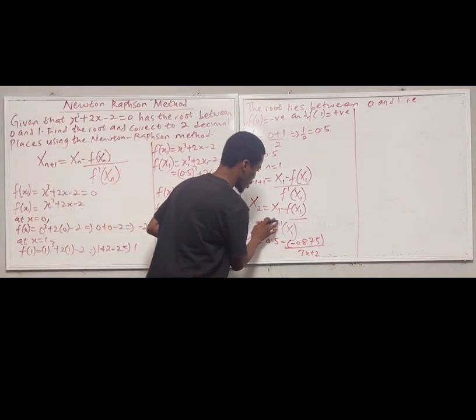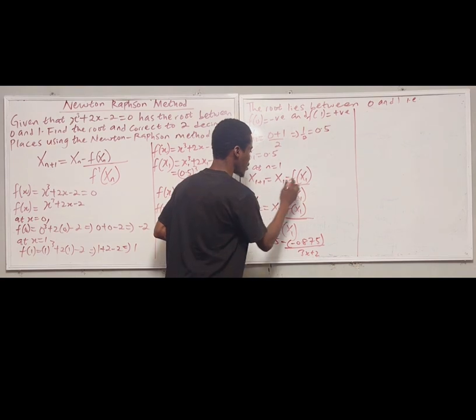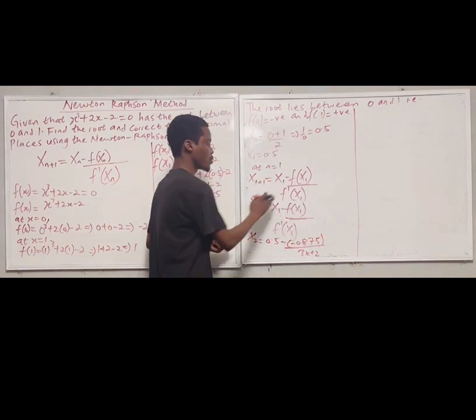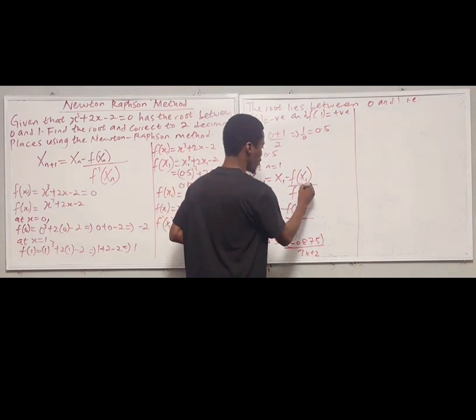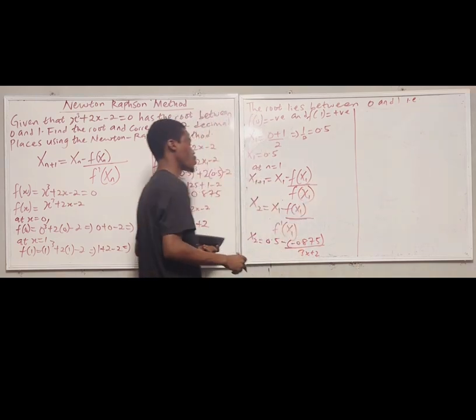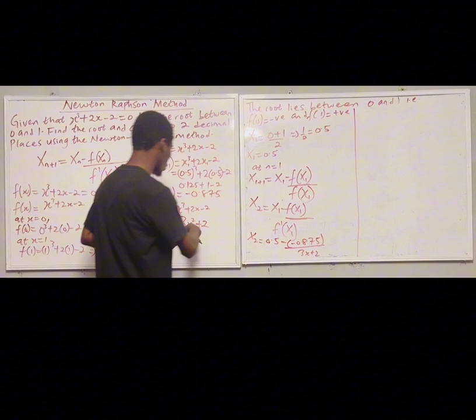So here it will be all over f prime of xn, and as well as this, f prime of xn, I'm going to have f prime of x1. So that's over, affecting 3x squared plus 2.